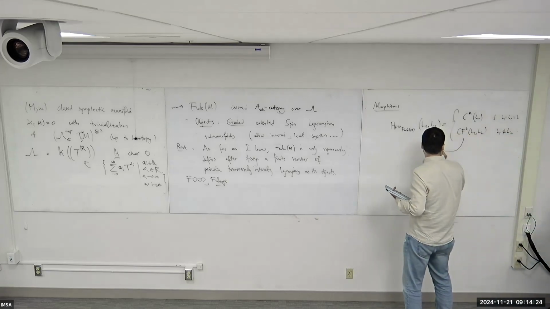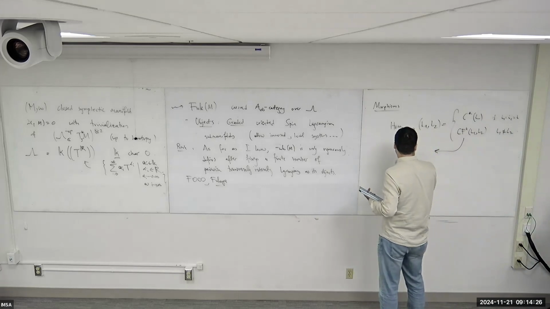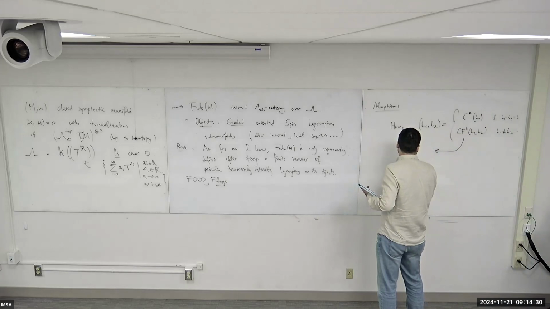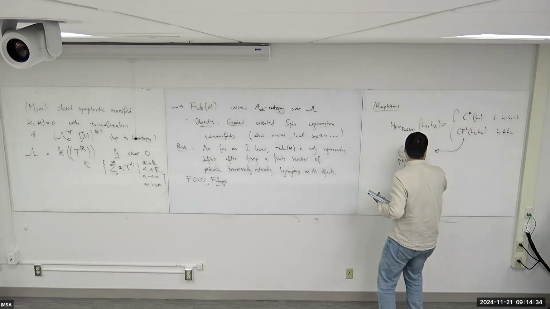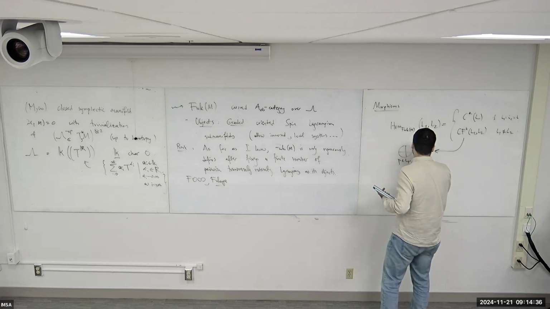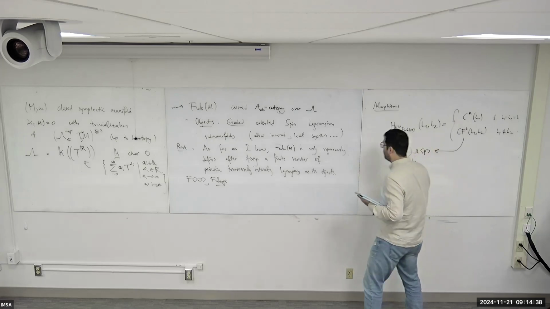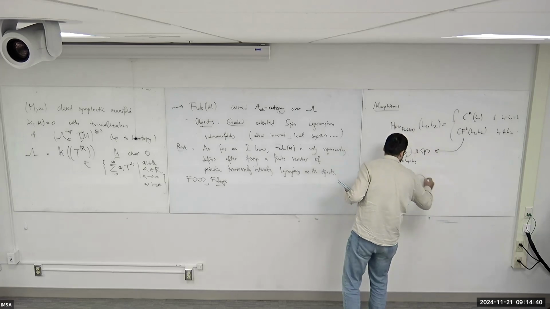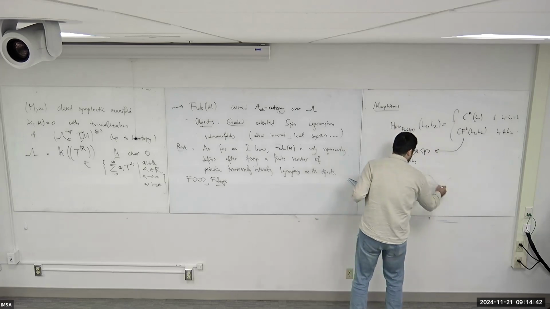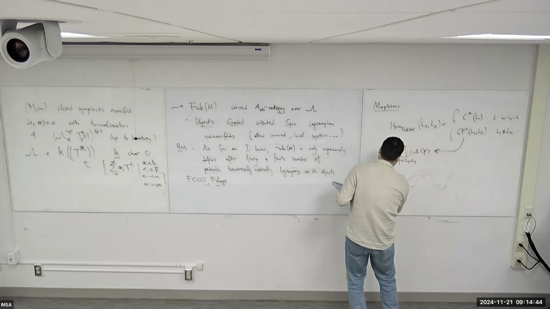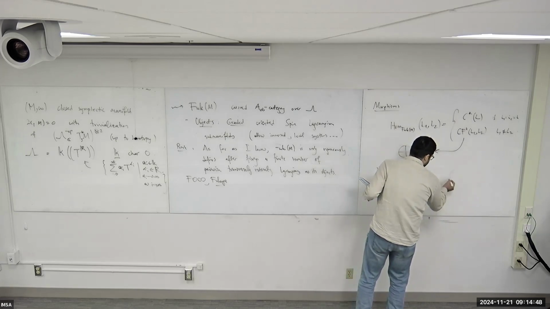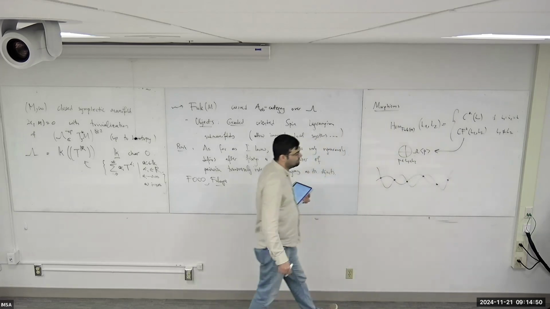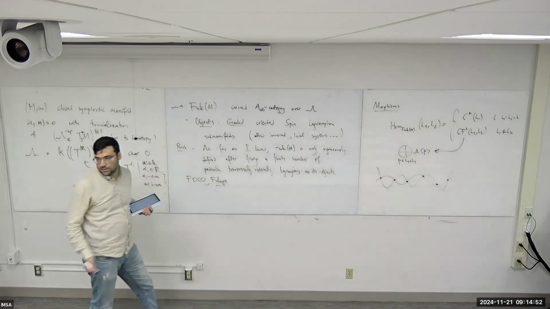In this case, this thing is defined to be a direct sum over all intersections, a copy for each intersection point P. It's a vector space generated by all of these finitely many intersection points.